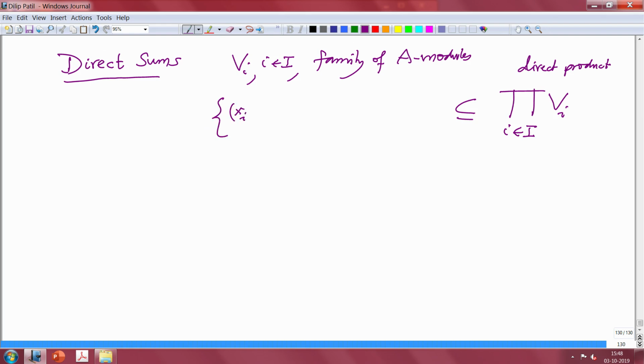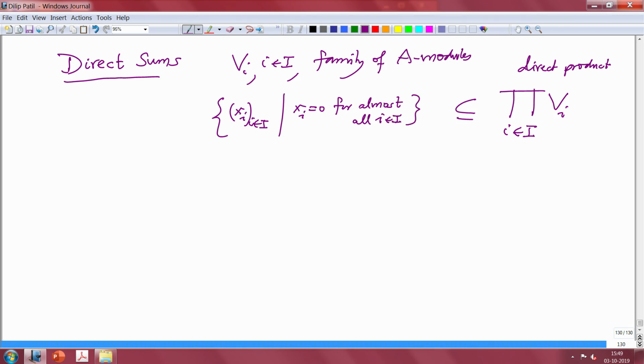Xi, i in I, those tuples in the product such that all but finitely many are 0, and when I say 0, that means 0 in the corresponding position. So, xi equal to 0 for almost all i in I. And what is this phrase?